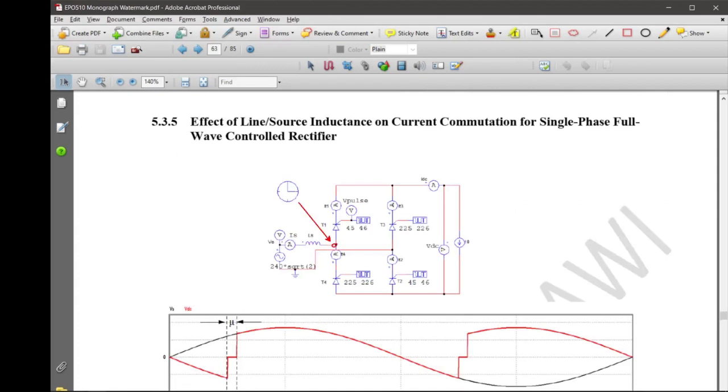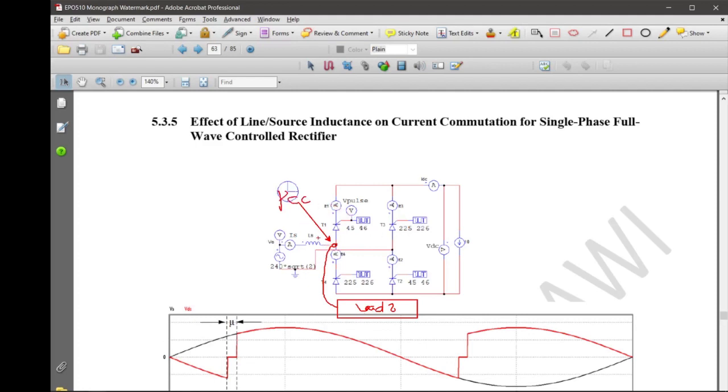At this point, this is known as the point of common coupling, whereby we're going to connect to another load. Remember, I did explain that before. So this point will be connected to load 2, and the other ones, load 3 and 4. This is known as the point of common coupling, PCC.